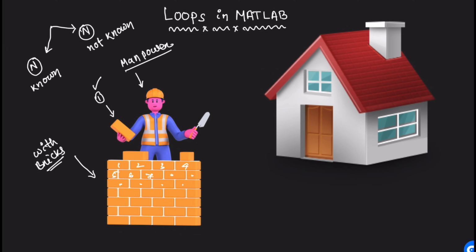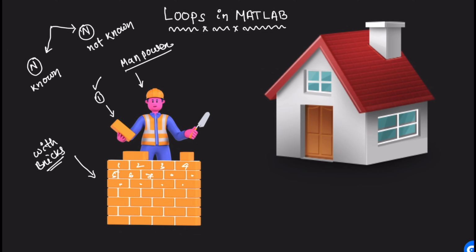Here n is not known and he is constructing. After one wall gets completed, he will stop and then go for the next wall. So that could be the stopping condition. For every loop, you need to have a stopping condition.